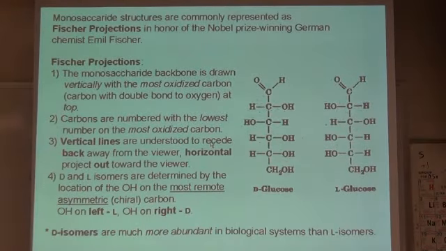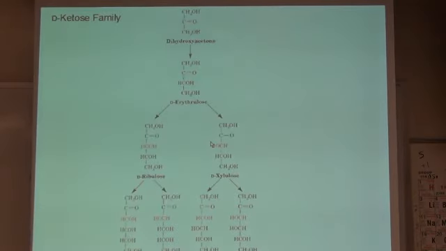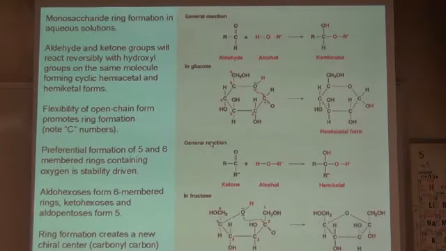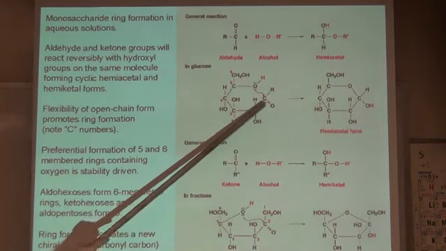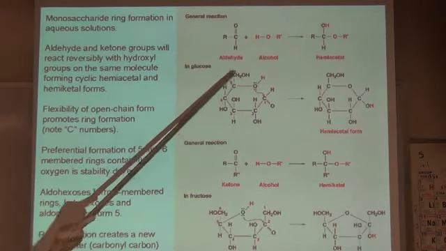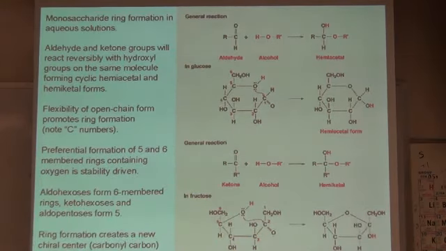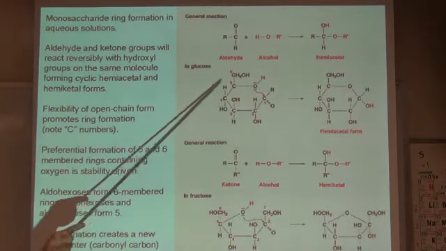Alright? Okay, so let's go to our carbon number 1 here. 2, 3, 4, 5, 6. And then you would correlate that to the Fischer, which is straight up. And it would tell you which way the OH groups are going to go accordingly.